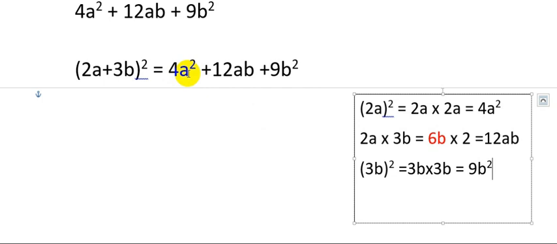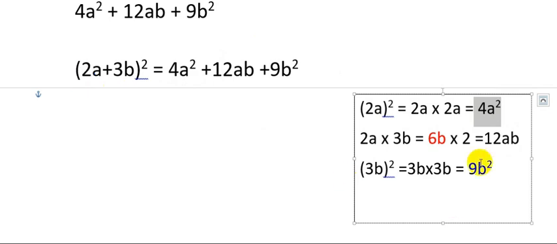You take the square of the first term, then you write the first term. Then remember you multiply the two terms, which means plus 2a multiplied by plus 3b.